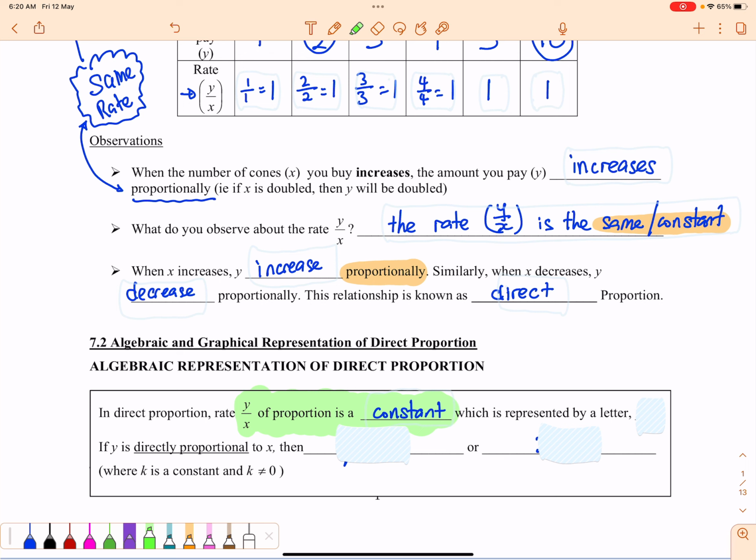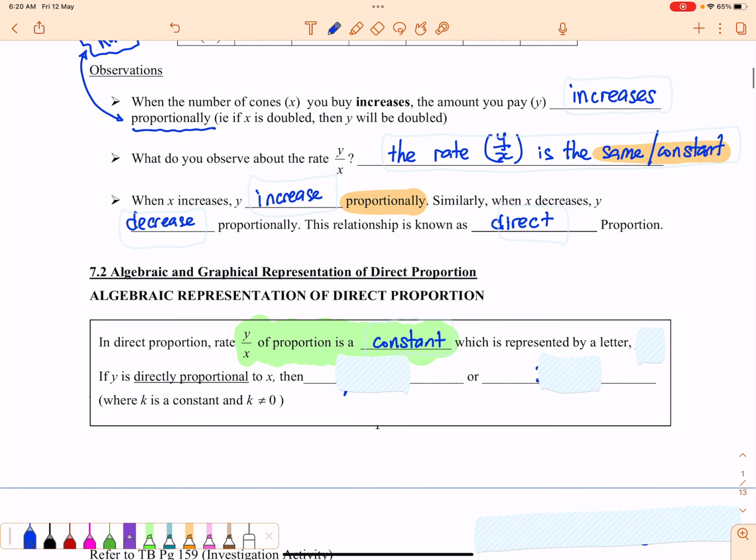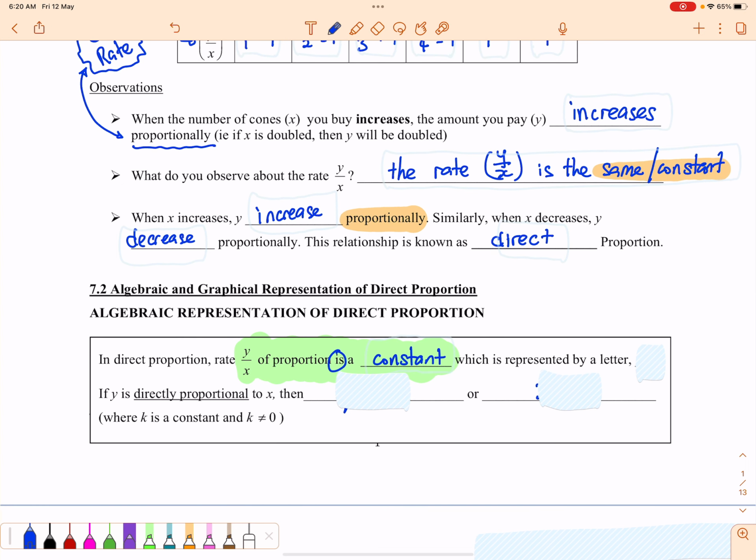Now, in equation form, "is" usually means equal. Constant is a word, so maybe let's represent this by a letter k. So we say that actually y over x is equal to k. Because it's k, sometimes we just put the k over 1. Now copy this down.